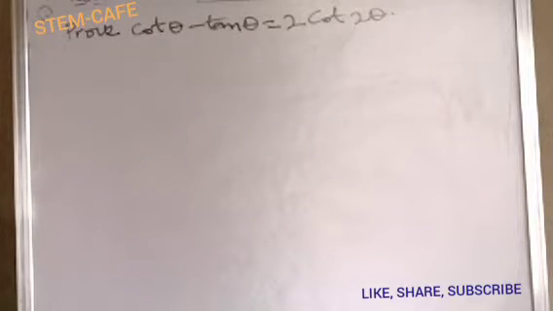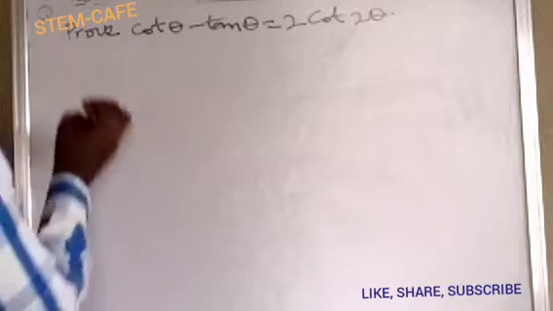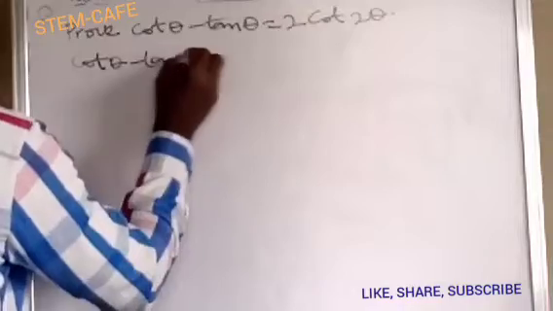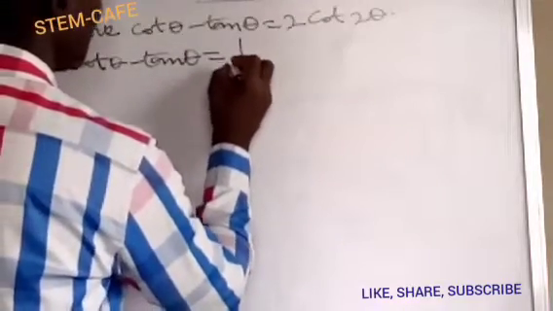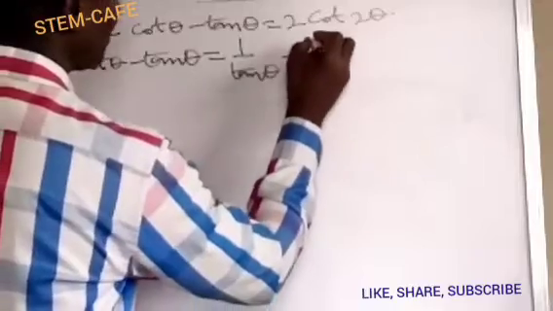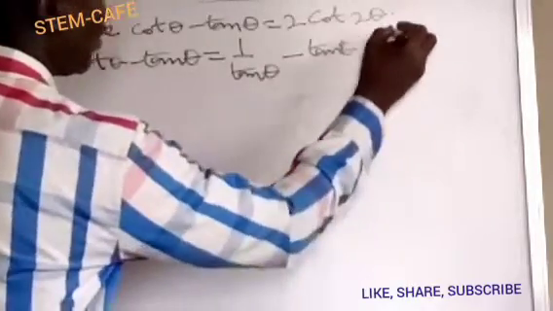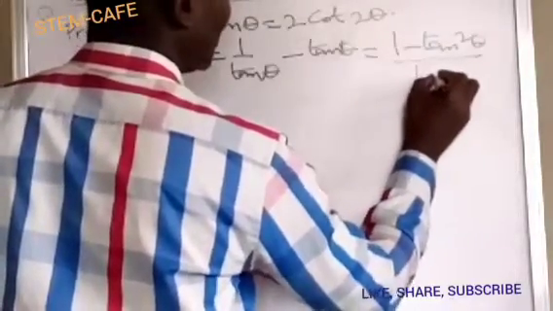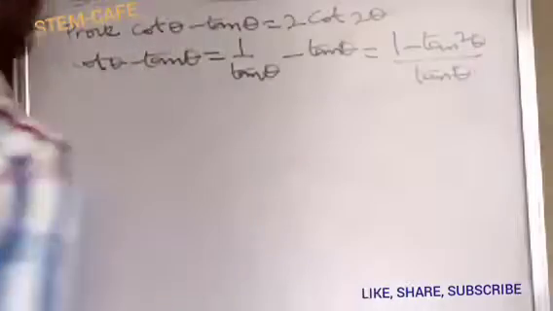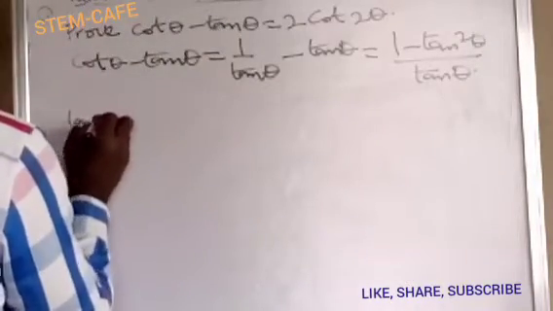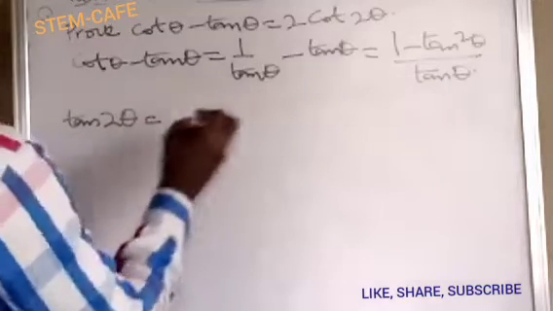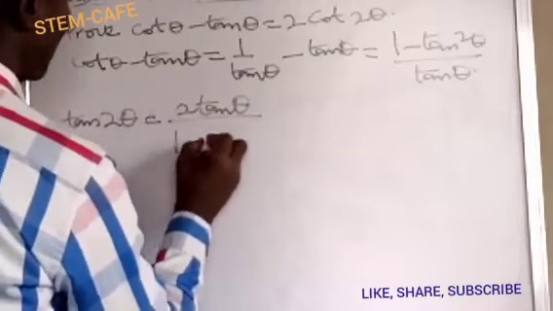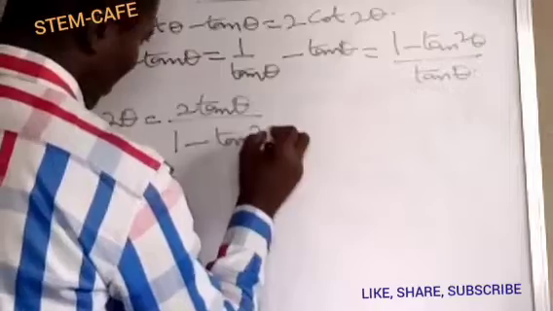Prove cot theta minus tan theta equals 2 cot 2 theta. So we know that cot theta minus tan theta will be equal to 1 over tan theta minus tan theta, which will be 1 minus tan squared theta over tan theta. And tan 2 theta is 2 tan theta over 1 minus tan squared theta.